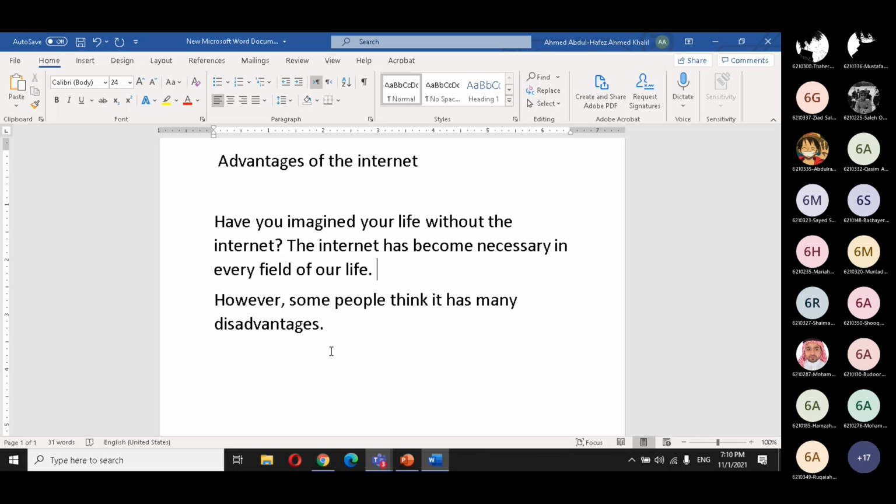Are you going to write about how it started, the history of the internet, development of the internet, how it became common all over the world? Are you going to write about the advantages of the internet, the disadvantages, the prospects of the future?